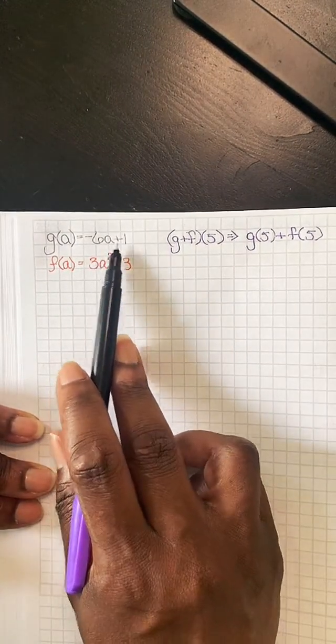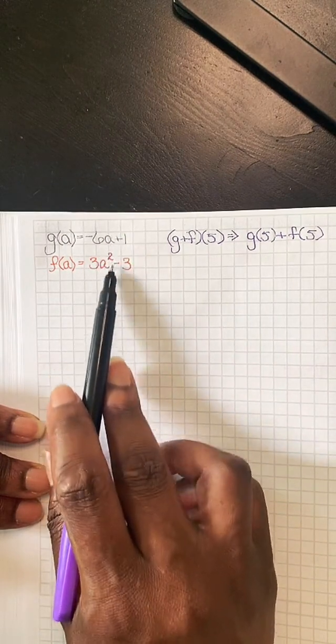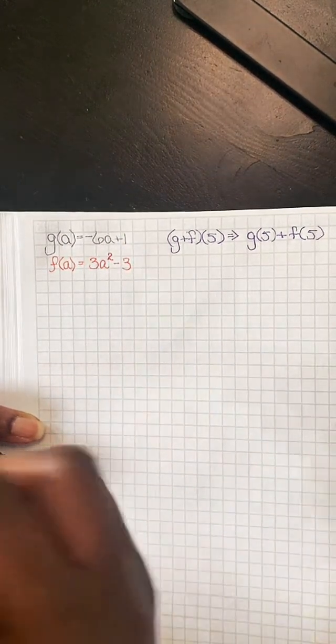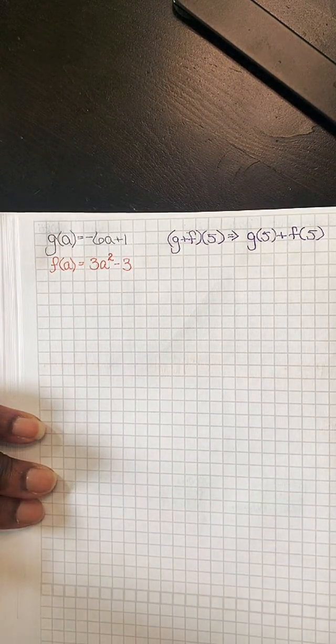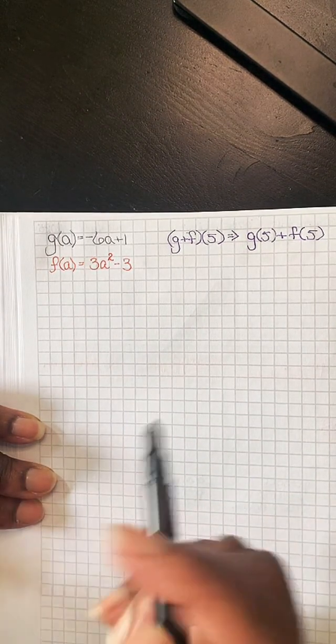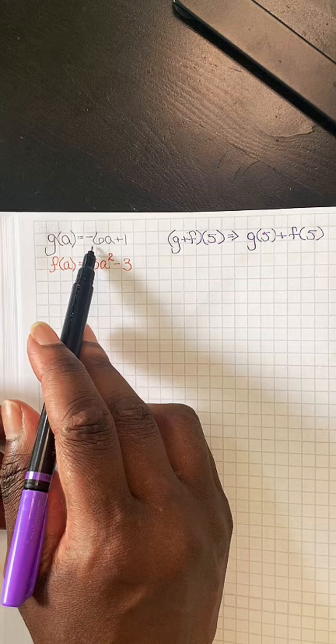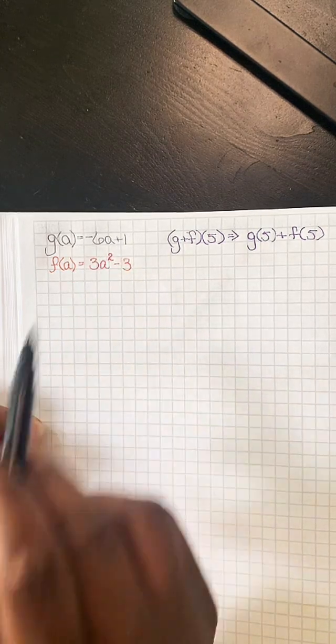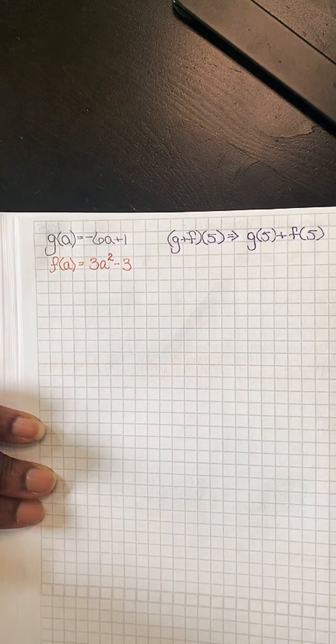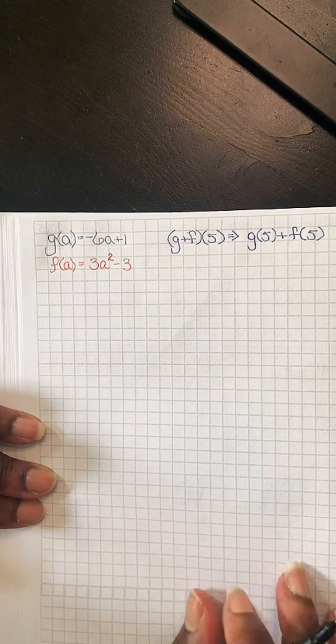You can add these two together just to simplify it and then substitute the 5. Or you can make life a little easier for yourself: substitute the 5, solve, get the numbers, and then add your results. I'm going to show you both ways, so you get to pick which way works best for you.